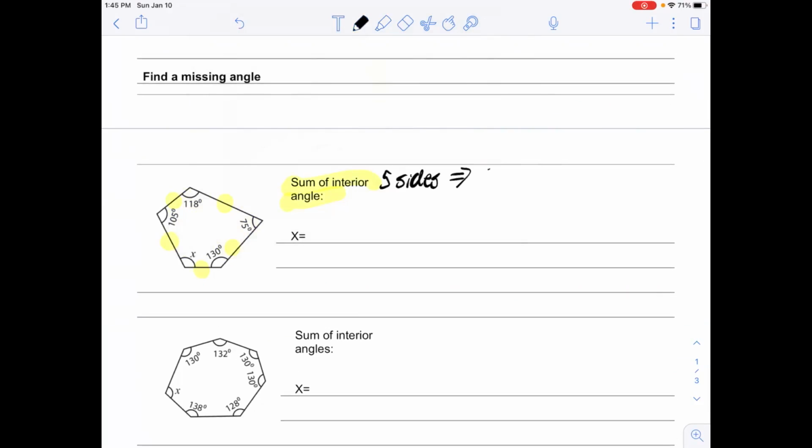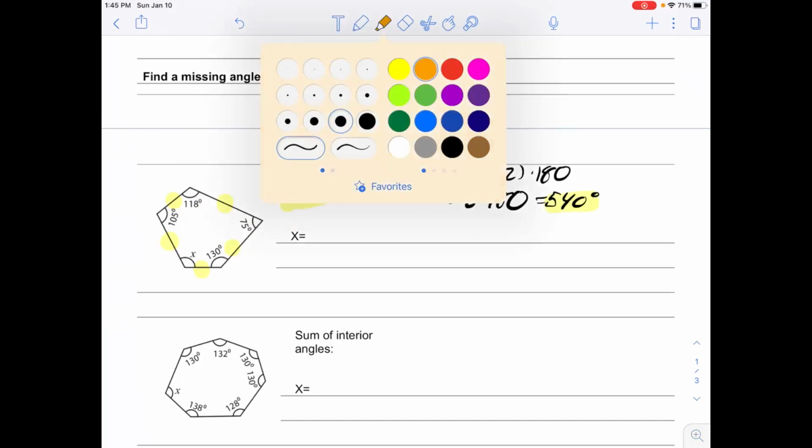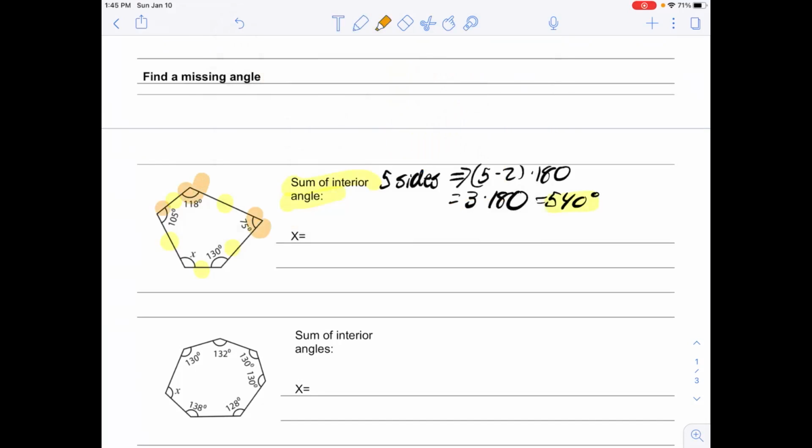So we do 5 minus 2 times 180. That equals 3 times 180, which equals 540 degrees. That is the sum of the interior angles. So now I know that if I add up all of these numbers, that should equal 540 degrees.